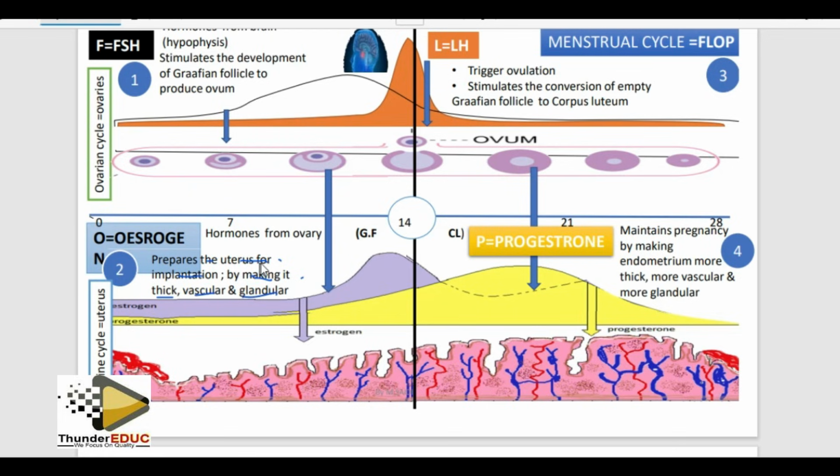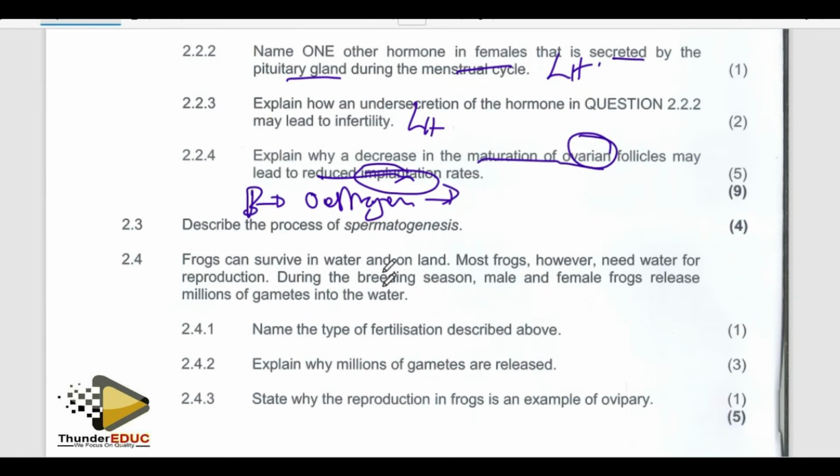It means that if we don't have this, first of all, first point, estrogen will be produced in less amount. That's point number one. You get a tick. Cool. Number two, you talk about the function of the estrogen. Estrogen will not prepare the uterus fully for implantation. Another tick.